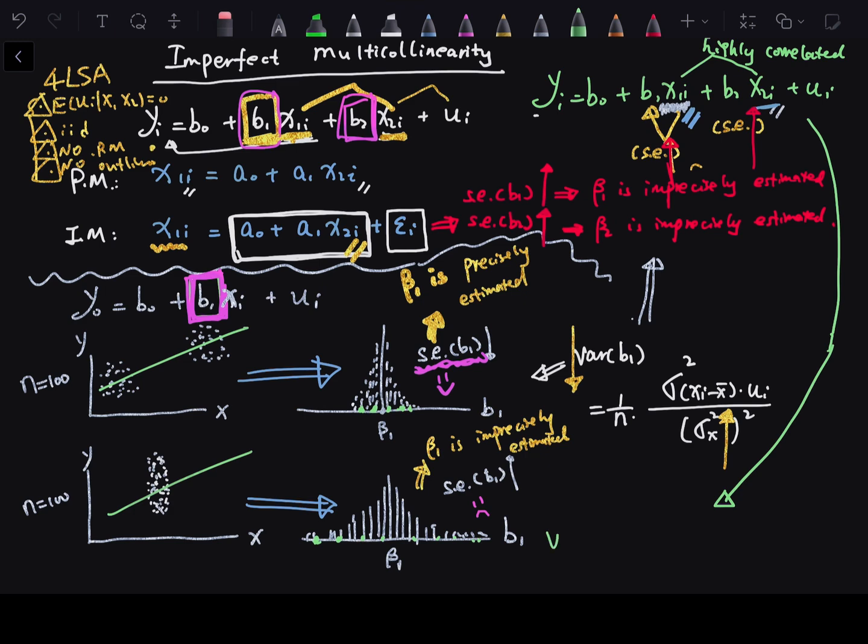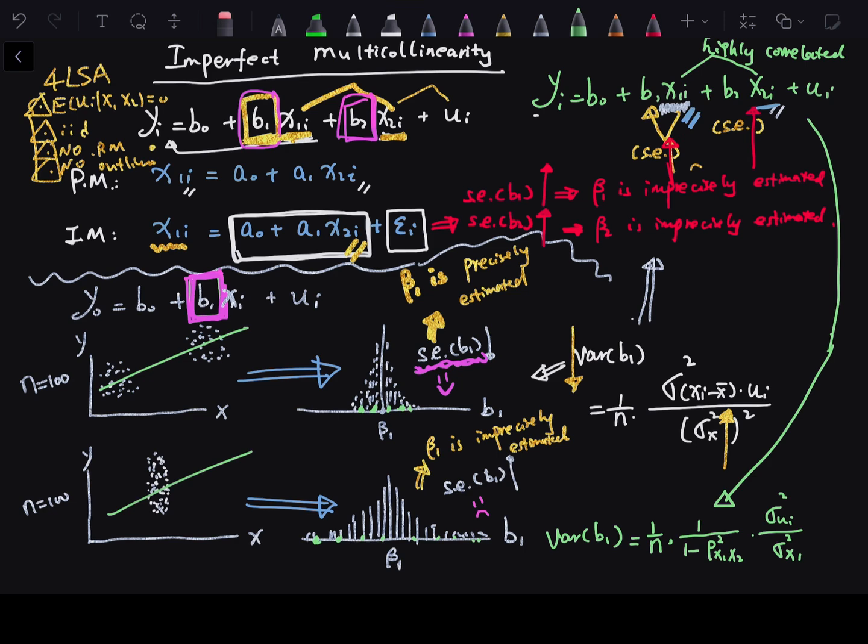So variance of B1, which is based on regression with 2 regressors, equals 1 over n times 1 over 1 minus rho squared, where rho is the correlation coefficient between x1, x2, times variance of error over variance of x1.